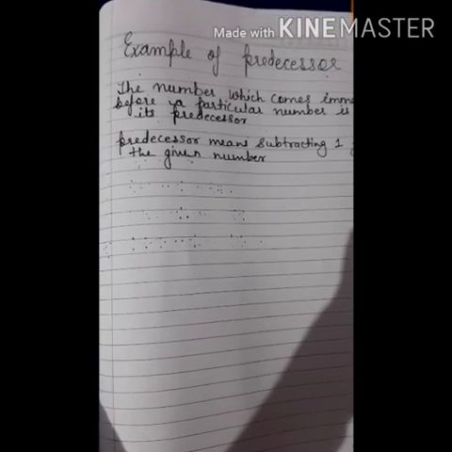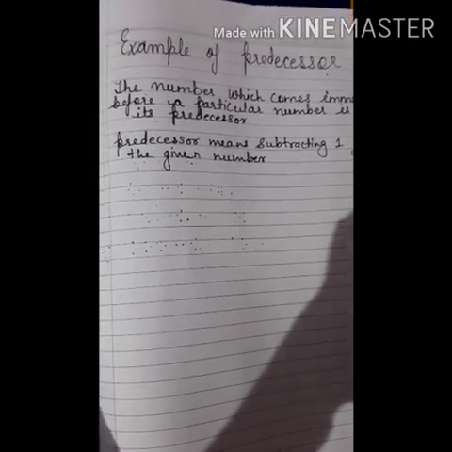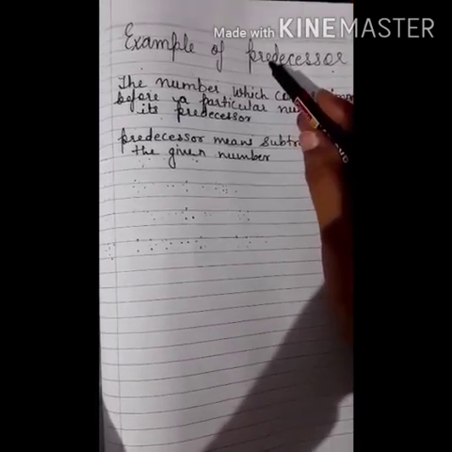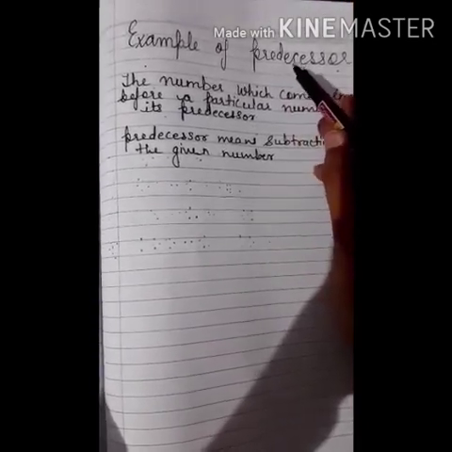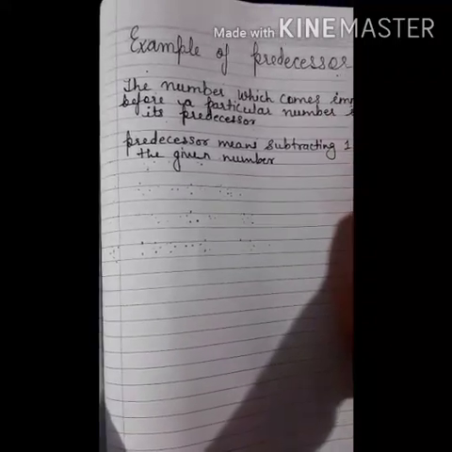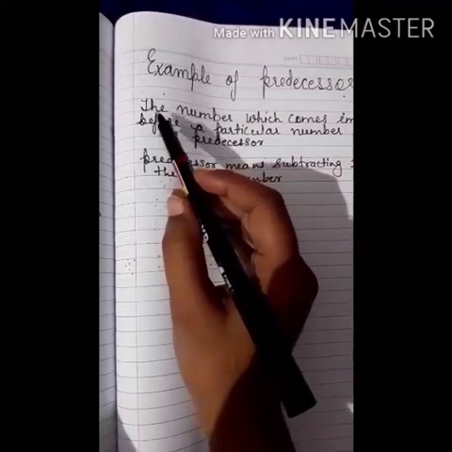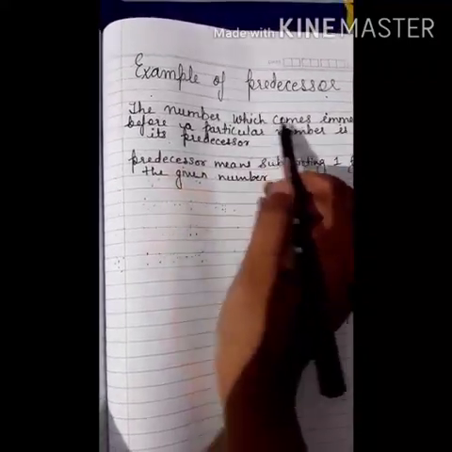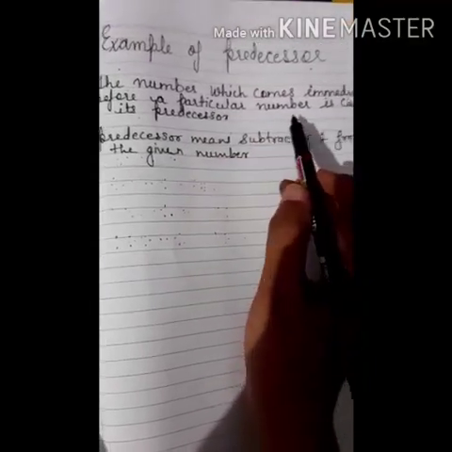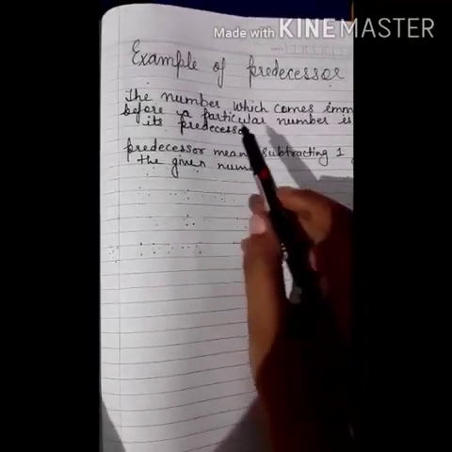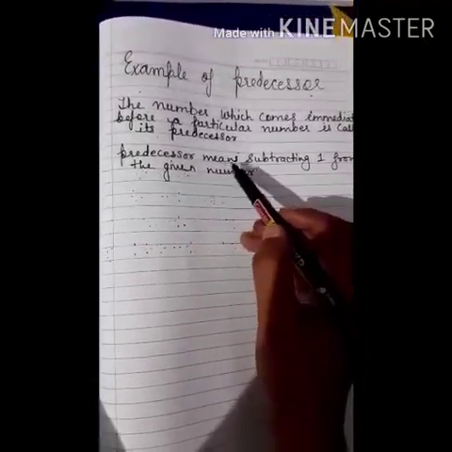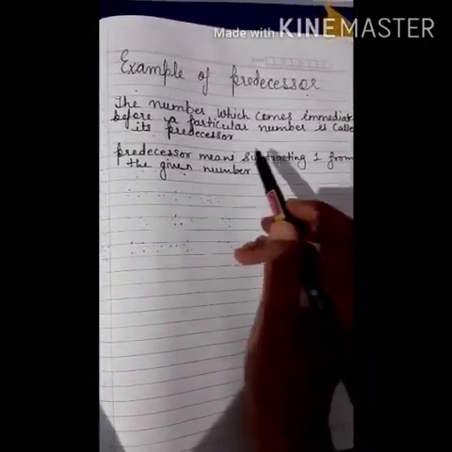Now let us take the example of predecessor. We will spell it as predecessor. So what is a predecessor? The number which comes immediately before a particular number is called its predecessor. And children, you can also say that predecessor means subtracting 1 from the given number.